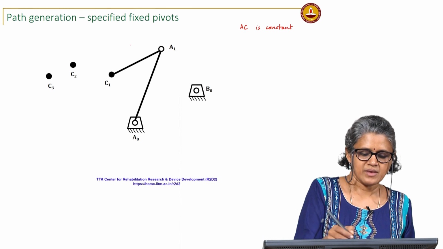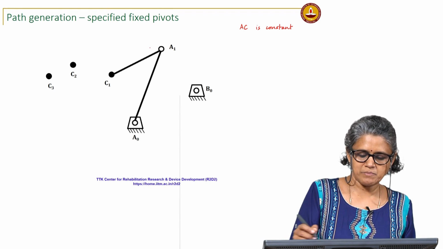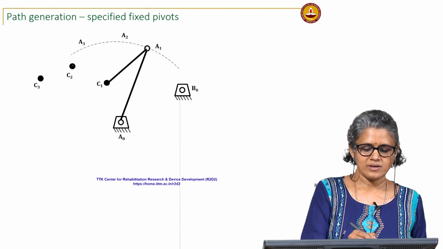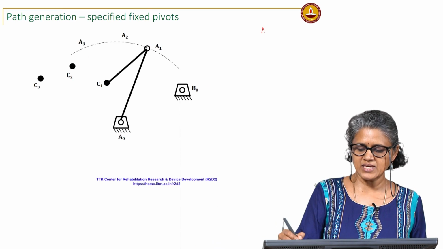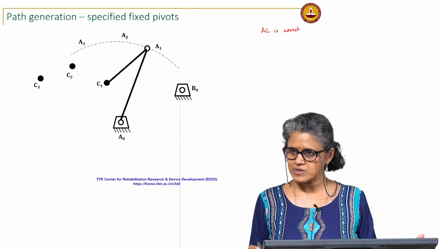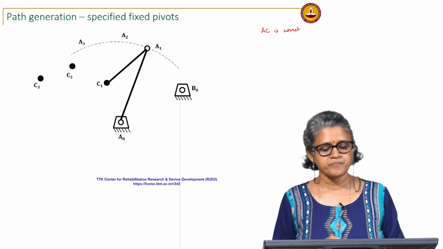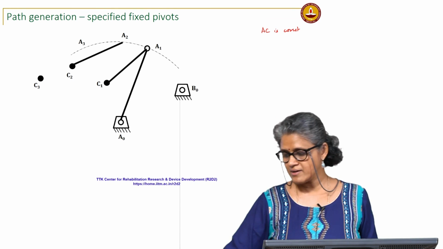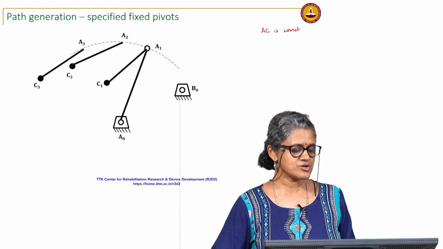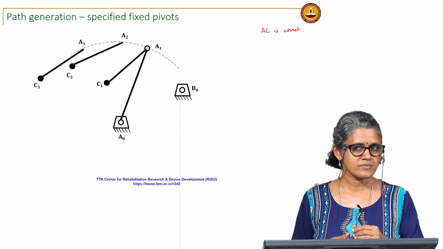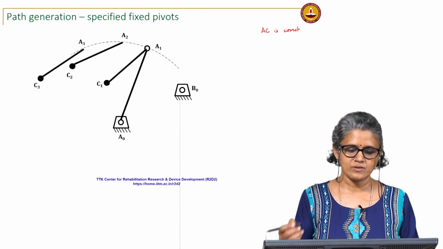Okay. So, A1 follows a circular path and your distance AC is constant. So, A1C1 will be equal to A2C2, equal to A3C3. So, now I can find the location of A2 and A3 on this path. Okay.